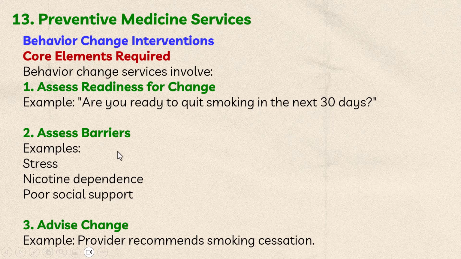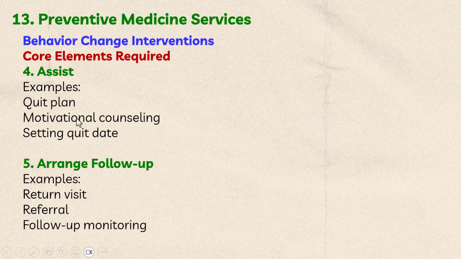Second, assess barriers. Example, stress, nicotine dependence, and poor social support. Third, advise change. Example, provider recommends smoking cessation. Fourth, assist. Examples, quit plan, motivational counseling, and setting quit date. Fifth, arrange a follow-up. Examples, return visit, referral, follow-up monitoring.